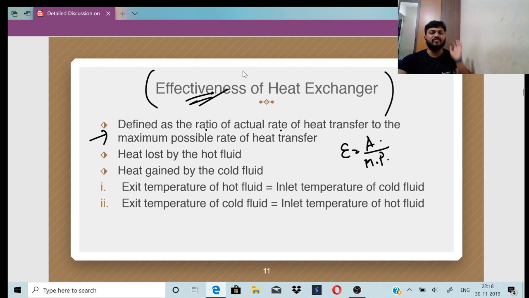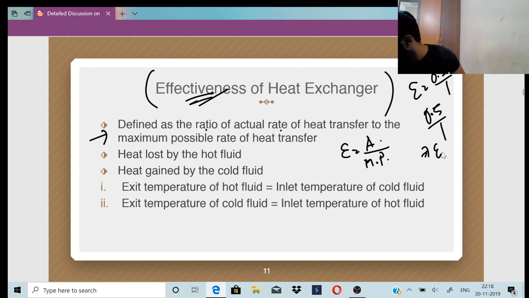We call it the effectiveness of the heat exchanger. मतलब द मैक्सिमम पॉसिबल रेट, मतलब एक हीट एक्सचेंजर में मैक्सिमम हीट ट्रांसफर रेट हो सकता है 1 किलोवाट, पर उस हीट एक्सचेंजर का एक्चुअल रेट मतलब अभी जो कैलकुलेट किया है वो रेट है 0.5 किलोवाट, तो उसका इफेक्टिवनेस क्या हो जाएगा? एक्चुअल रेट कितना है? 0.5, मैक्सिमम रेट है 0.1, so 0.5 divided by 0.1, the answer we will get will be the effectiveness of a heat exchanger.